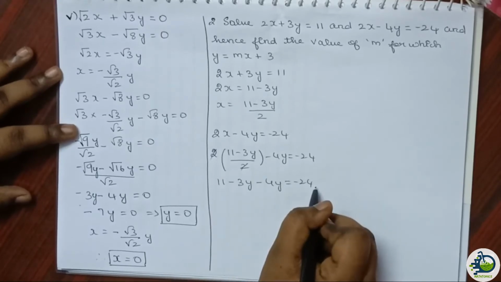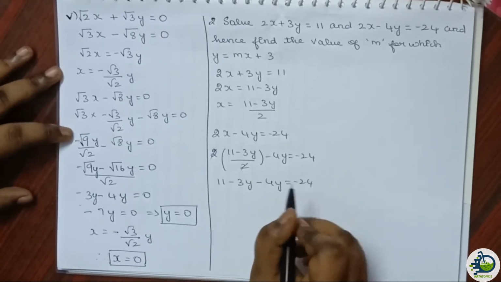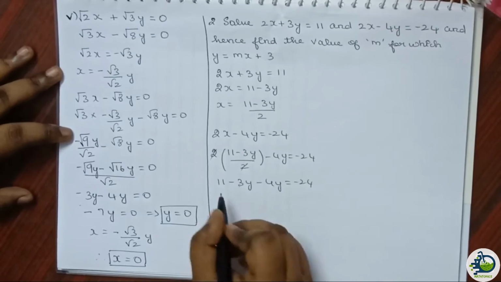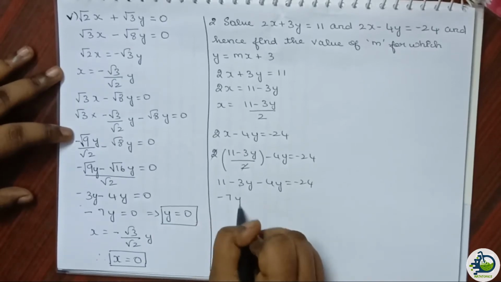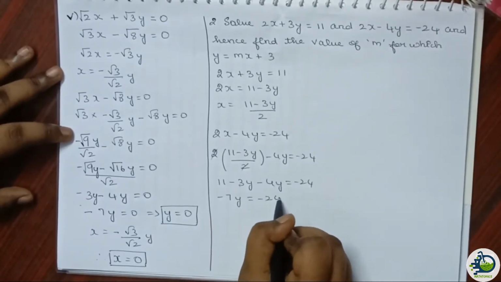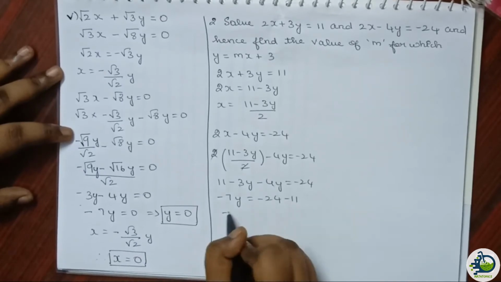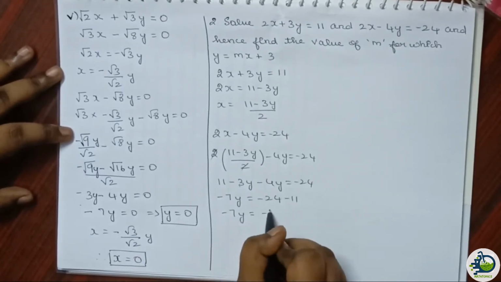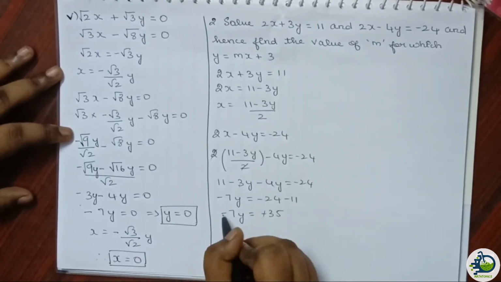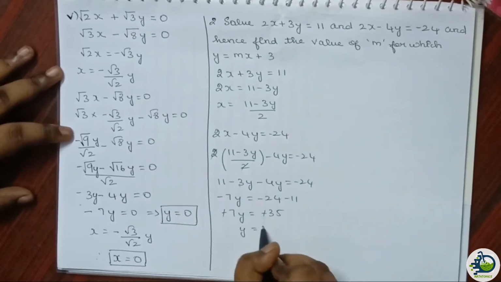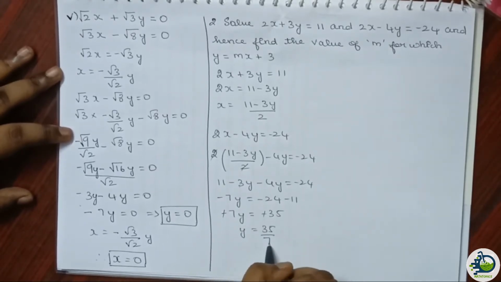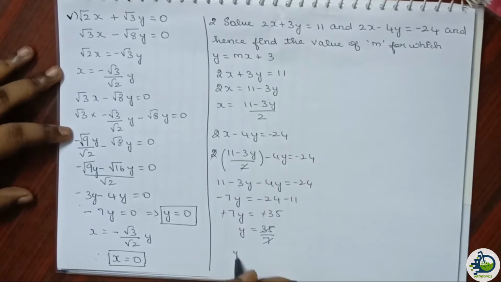I can bring this 11 to that side, so it becomes minus 11. Minus 3y minus 4y is nothing but minus 7y, which is equal to minus 24 minus 11. So minus 7y is equal to minus 35. Minus minus gets cancelled and y is equal to 35 by 7.